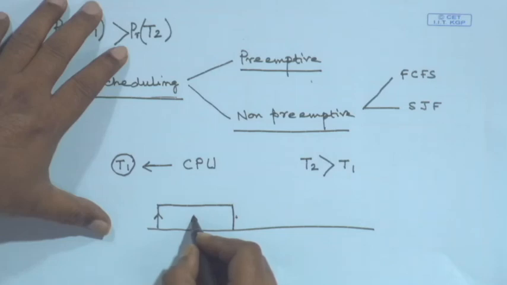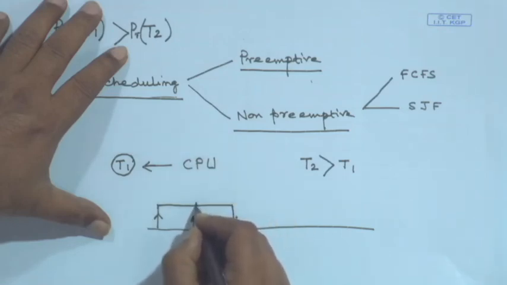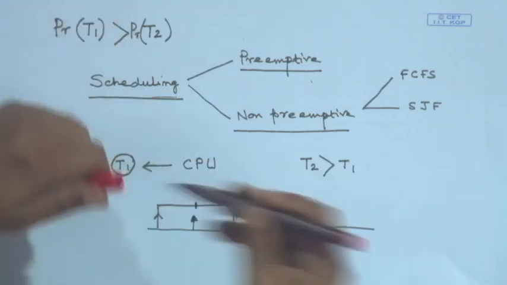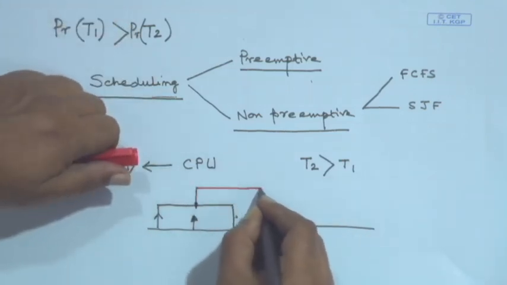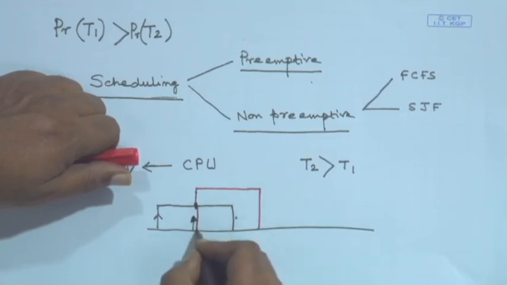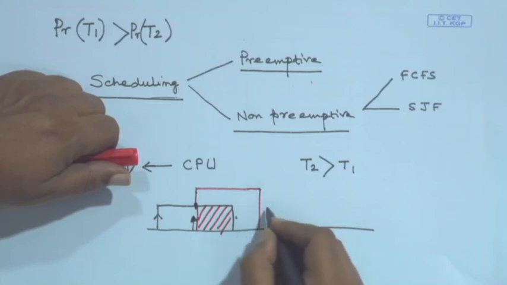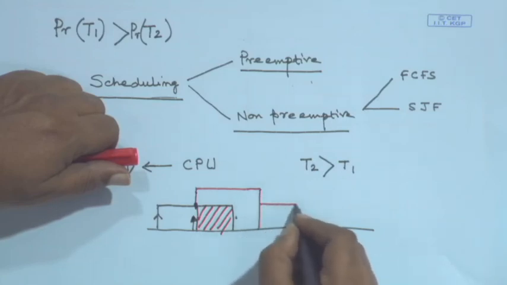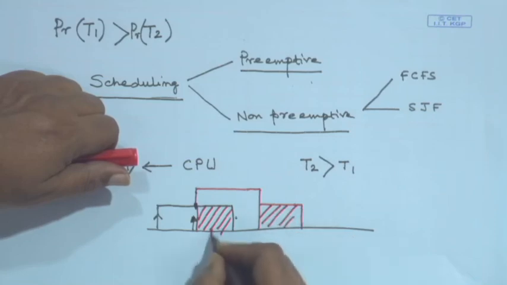Now, if T2 is of higher priority than T1, then T1 will be stopped here and T2 will be started from this point. And after T2 finishes, this remaining part of T1 will be carried out. Okay. This will be done here. So, this will be pushed back here.